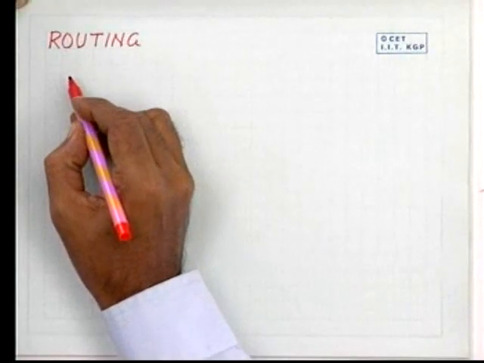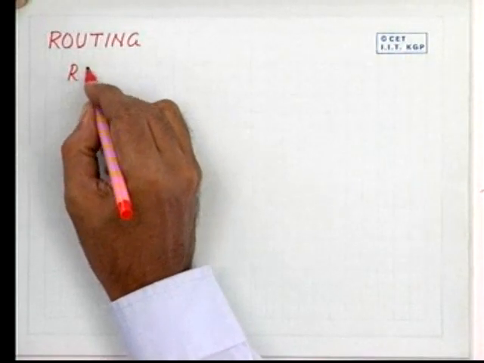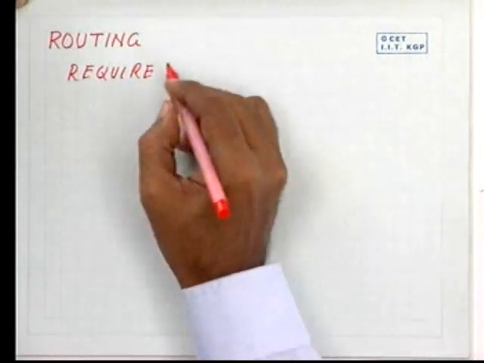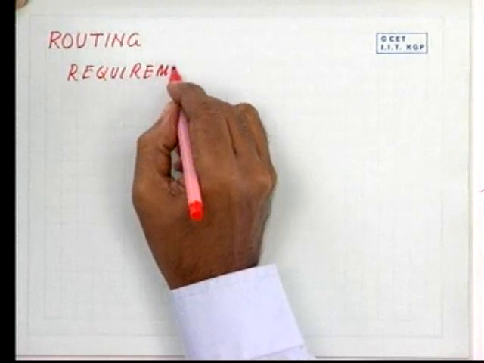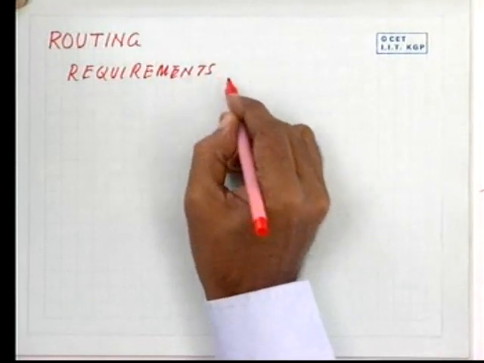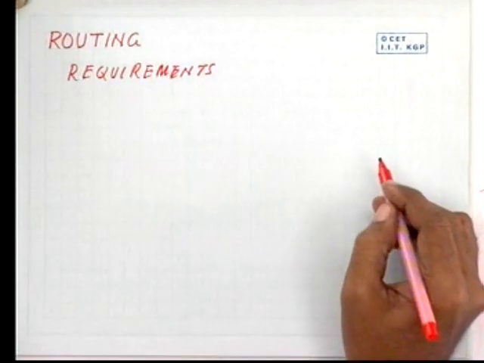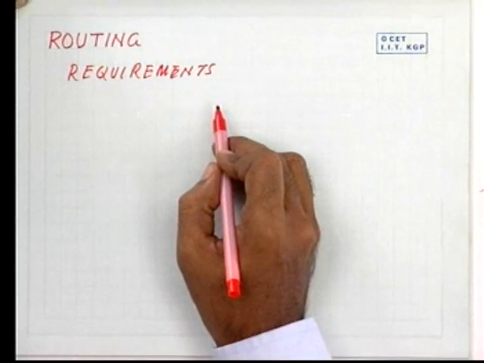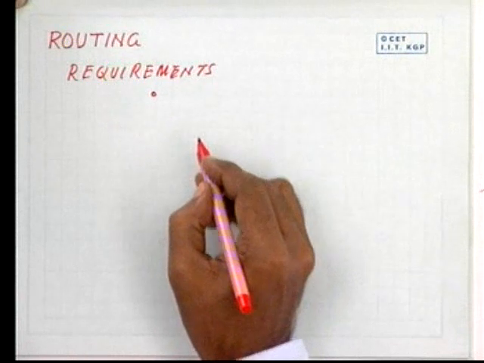Now, in a routing function, there are various requirements. We shall discuss these requirements first before we consider different elements of these routing techniques. Number 1 is correctness.